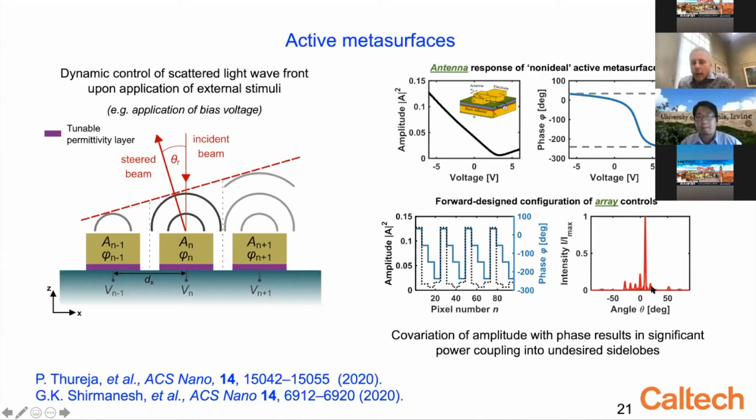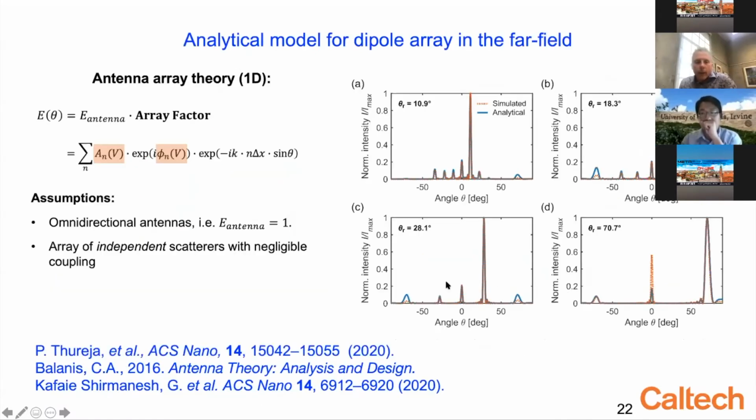And so you can see here that this linear phase gradient, if it were an ideal device, would steer a beam at one angle. But you see here undesirable sidebands, which lower the directivity of the beam. One way to think about a metasurface, if the antennas are uncoupled, and despite the fact that they are densely arrayed, they are actually not strongly coupled to one another.